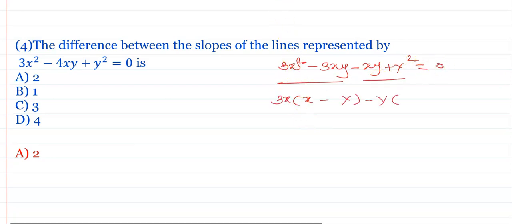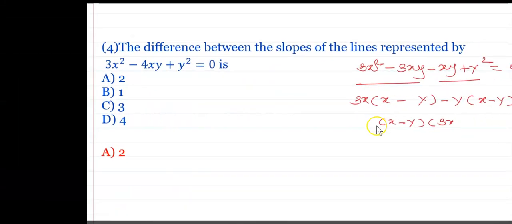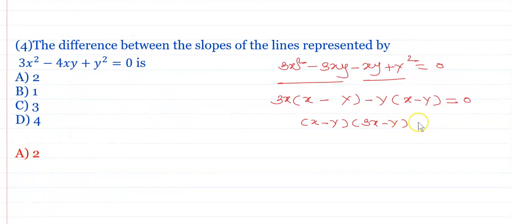Now take 3x as common, then in bracket you will get x minus y. From here take minus y as common, then in bracket you will get x minus y, bracket complete, is equal to 0. And therefore you will have the separate equations x minus y in one bracket and 3x minus y in another, is equal to 0.